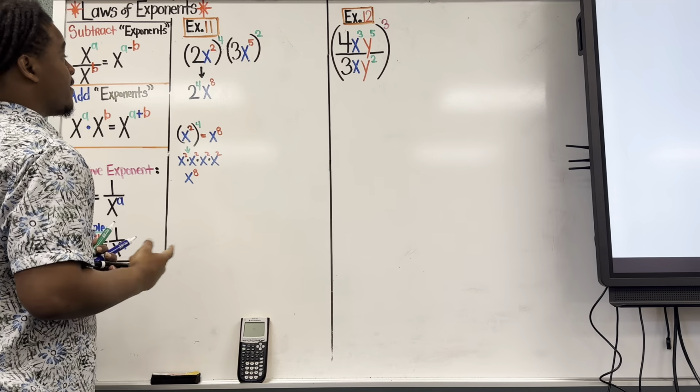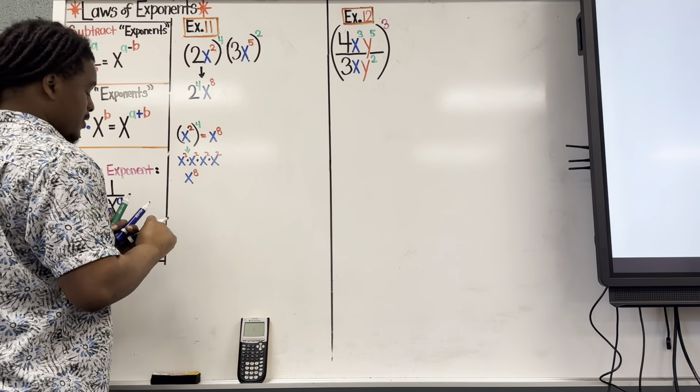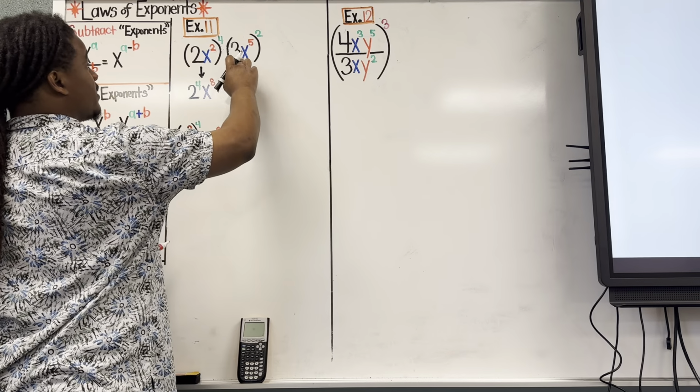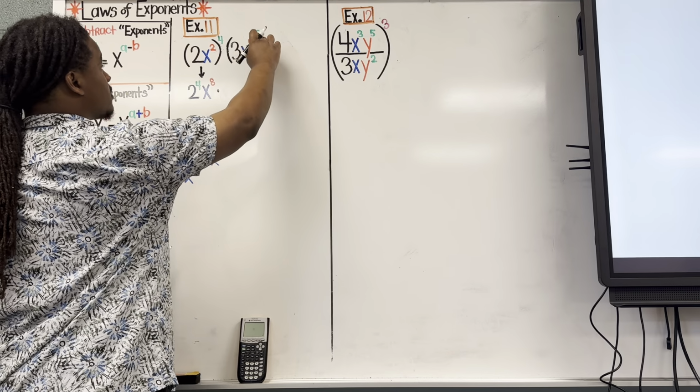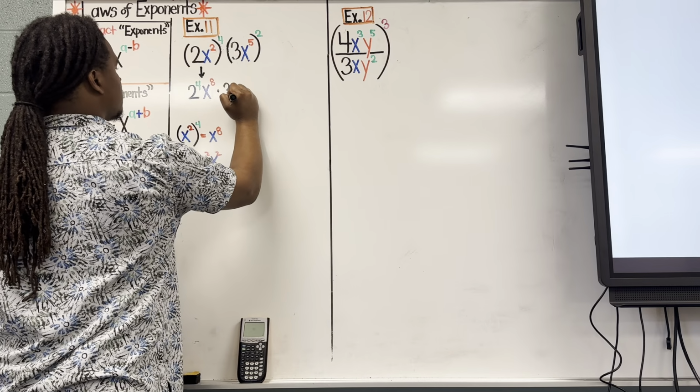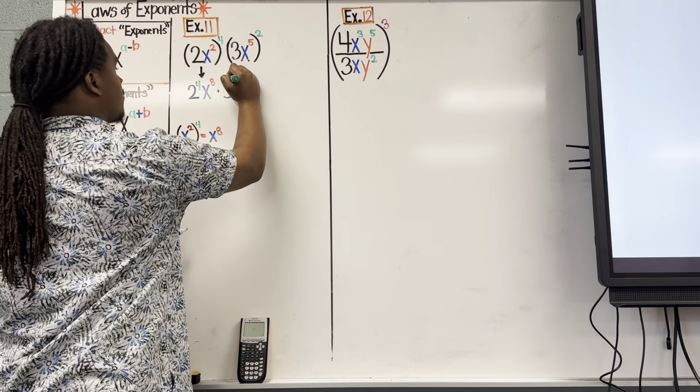Now, same thing over here. We're going to have times 3x to the 5th power, all to the 2nd power. So that's going to turn into 3 squared, or 3 to the 2nd power.